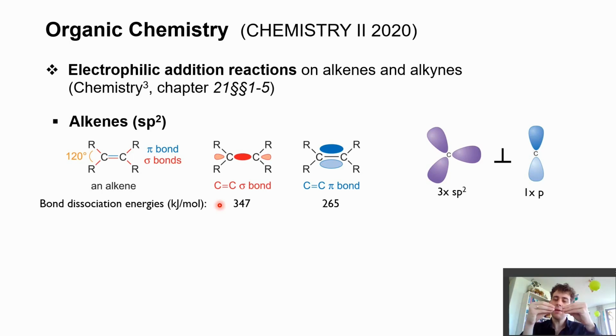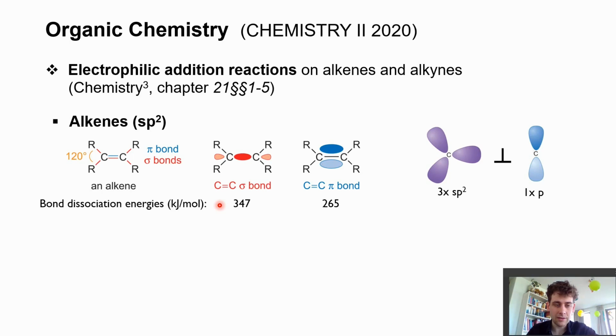So they just overlap as you would normally expect it, and as you also know from, for example, standard carbon-hydrogen bonds. But on top of that, we also have these two p orbitals that were perpendicular to the sp2 orbitals. And they can now also overlap, but not along the axis, but above the axis and below the axis. And they also overlap and they form a so-called pi bond.